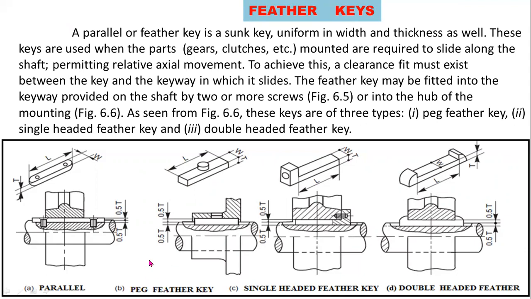As seen from this figure, these keys are of three types. This one is a pegged feather key, and this one is a single-headed feather key, and this one is a double-headed feather key.